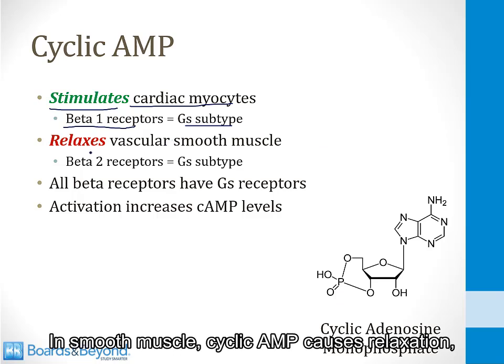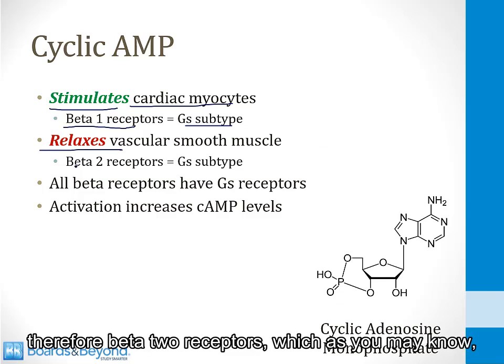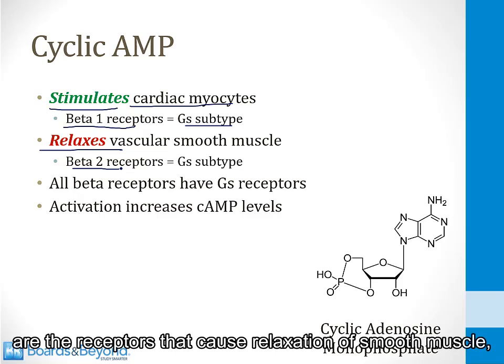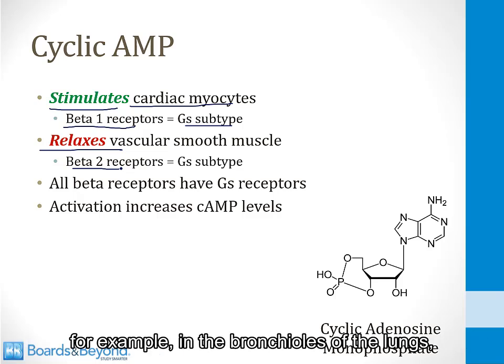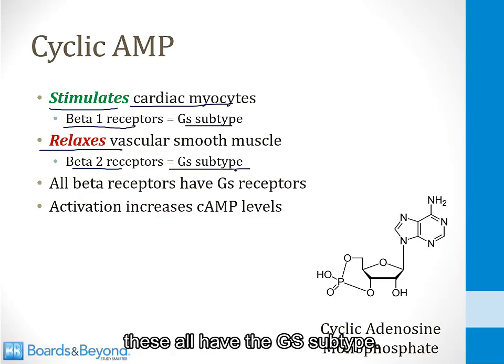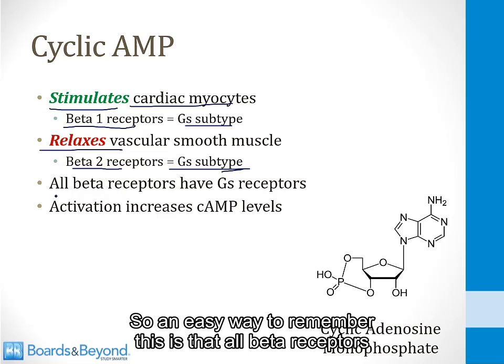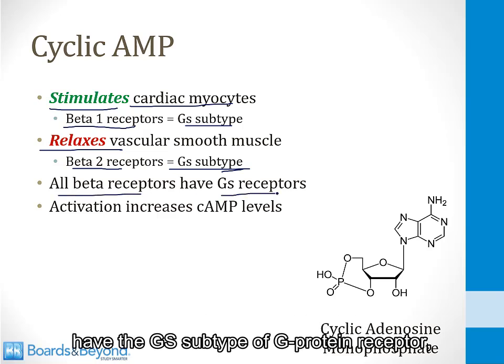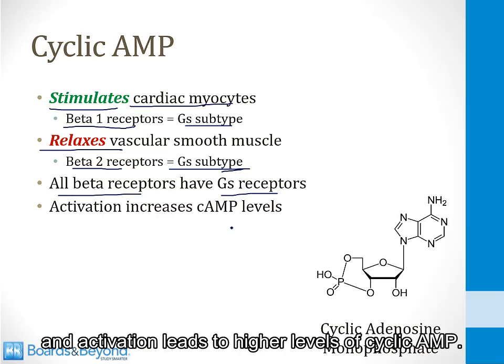In smooth muscle, cyclic AMP causes relaxation. Therefore, beta-2 receptors, which, as you may know, are the receptors that cause relaxation of smooth muscle, for example, in the bronchioles of the lungs, these all have the GS subtype. So an easy way to remember this is that all beta receptors have the GS subtype of G protein receptor, and activation leads to higher levels of cyclic AMP.